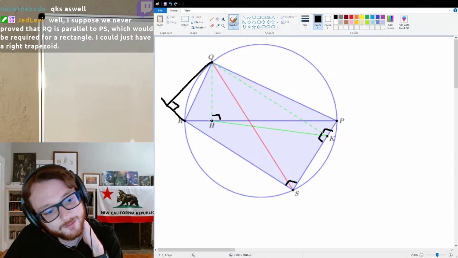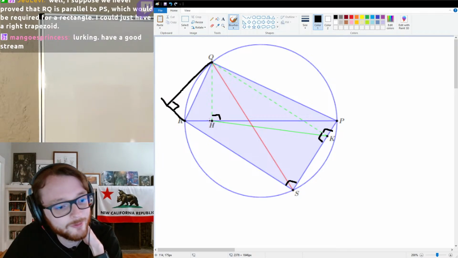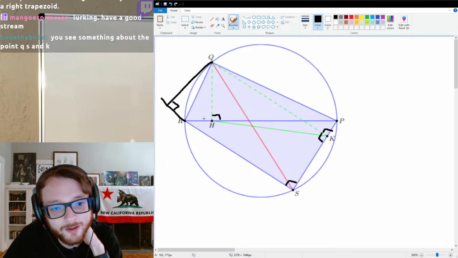Oh, well, thank you, Mangoes. Something about Q, S, and K. Q, S and K, well, they form a right triangle.